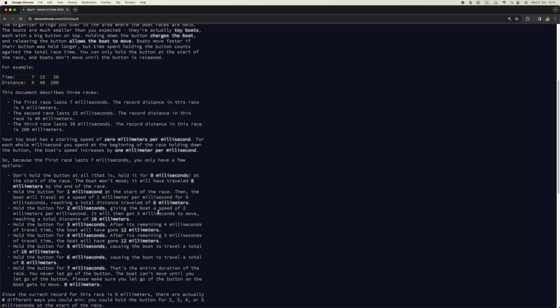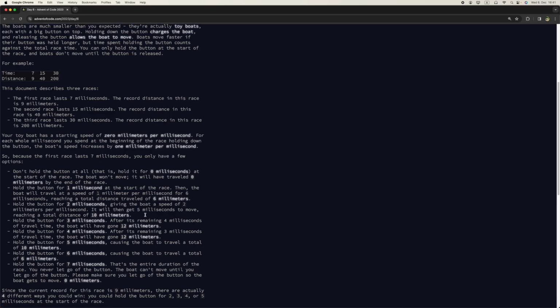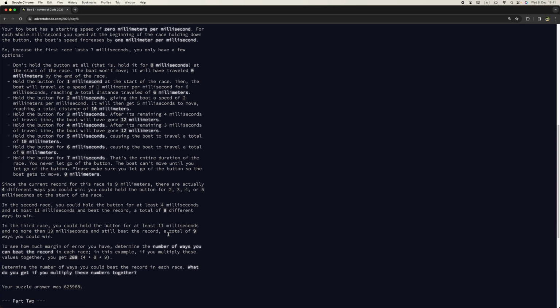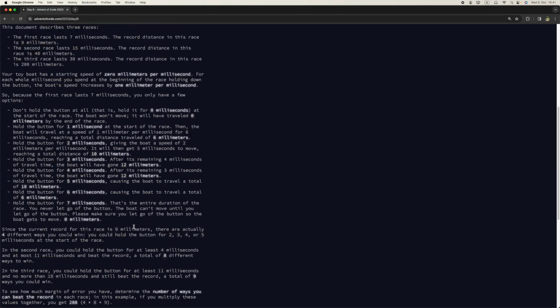For the rest of the time, that's 6 milliseconds because it's 7 in total. And so the distance traveled will be 6 and so on. And the next one is 1 times 6, and then 2 times 5, 3 times 4, 4 times 3, and so on. And how many of those values are greater than the distance value.